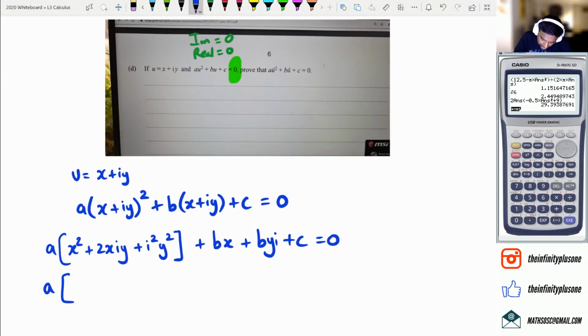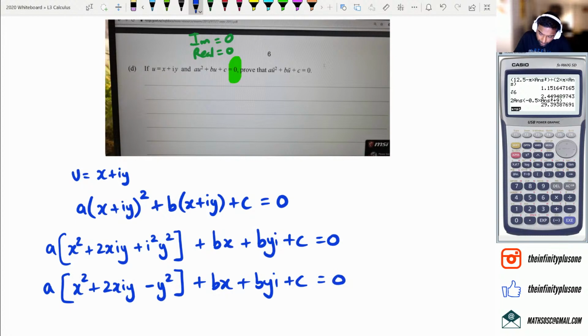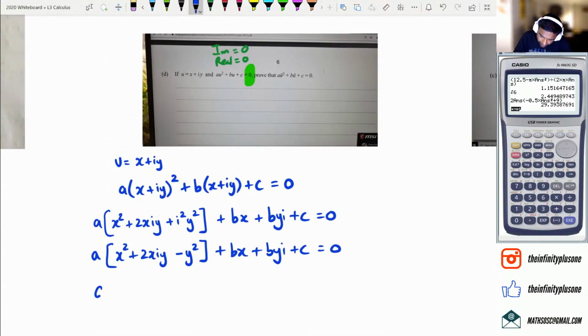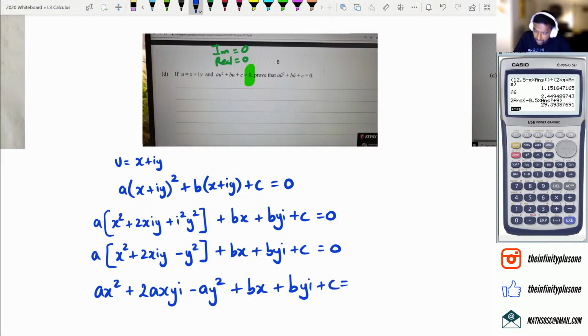So here I've got a times (x squared plus 2xiy minus y squared) plus bx plus byi plus c equals 0. Expanding the bracket out, I've got ax squared plus 2axyi minus ay squared plus bx plus byi plus c equals 0.